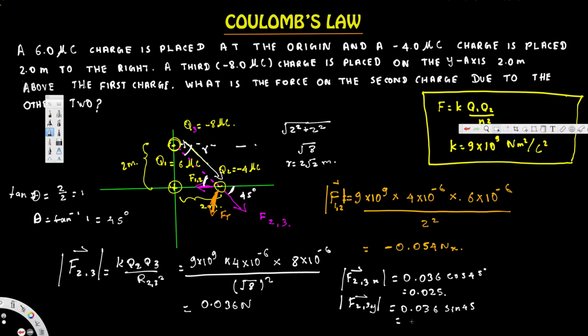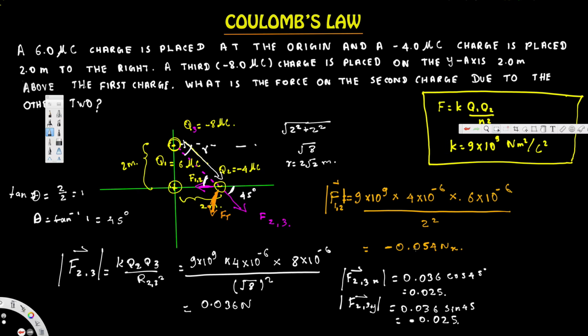That's equivalent to 0.025 again. But let's look at the directions. If you look at this component right here, this is along the positive x direction, but this is moving downward. It means the y-axis is going to be negative. Okay, so y is negative, and this is our x component. And for the first one, x is negative because it's in the opposite direction. It's going along the negative x direction. So that's why we have negative right here.